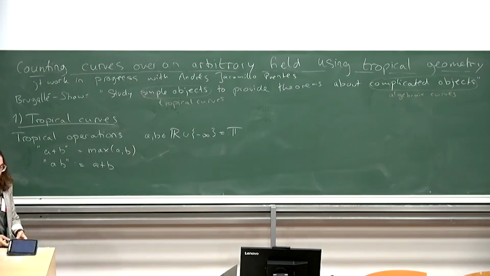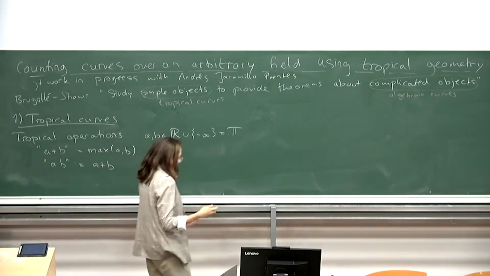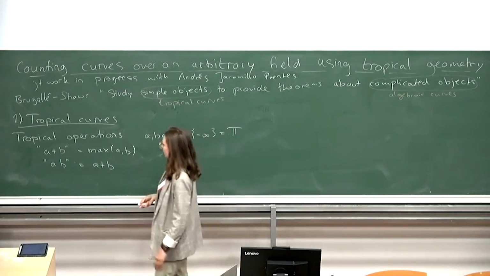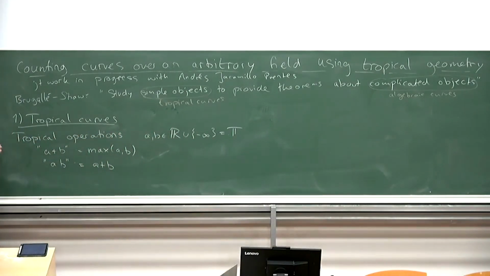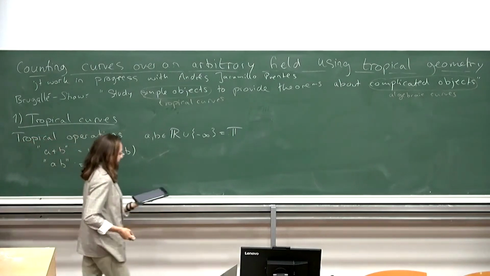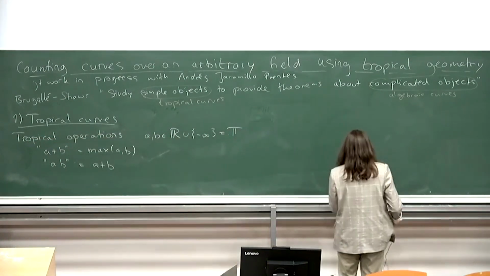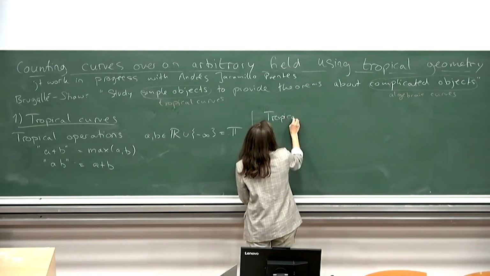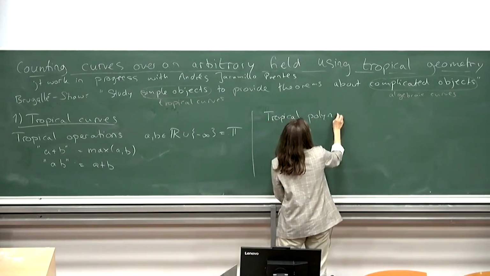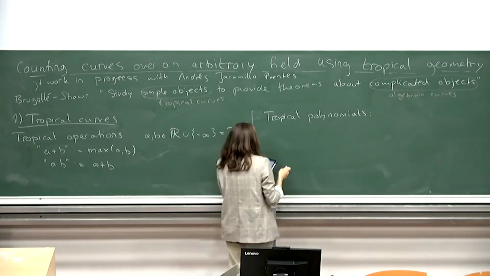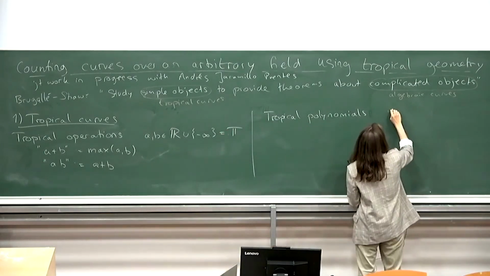So these are my operations, and now what should a tropical curve be? Well, let's think back to algebraic curves. One naive way to define them is as the zero locus of a polynomial in two variables, and that's exactly what we do here. So let's start with tropical polynomials, in two variables.